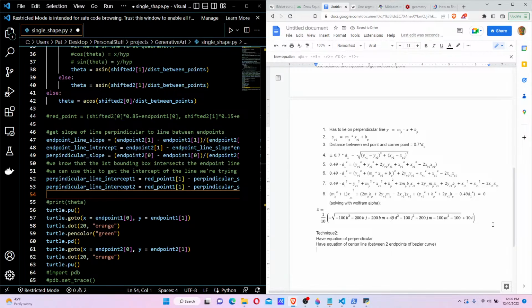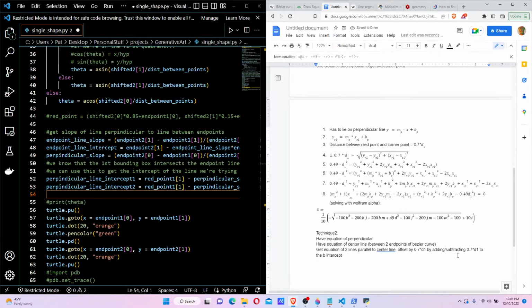Okay. Get equation of the two lines that are parallel to the center line, offset by 0.7 times d1 by adding or subtracting 0.7 times d1 to the b intercept.